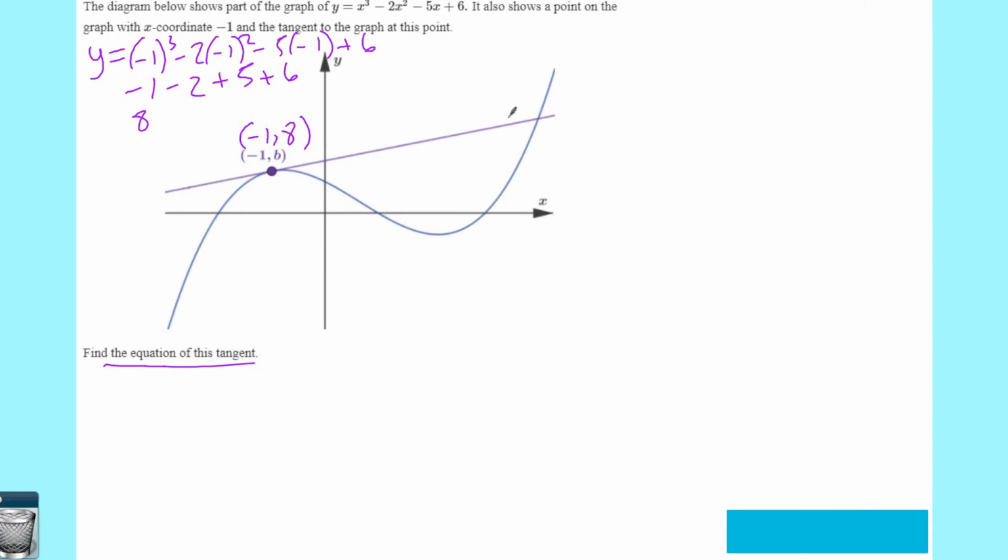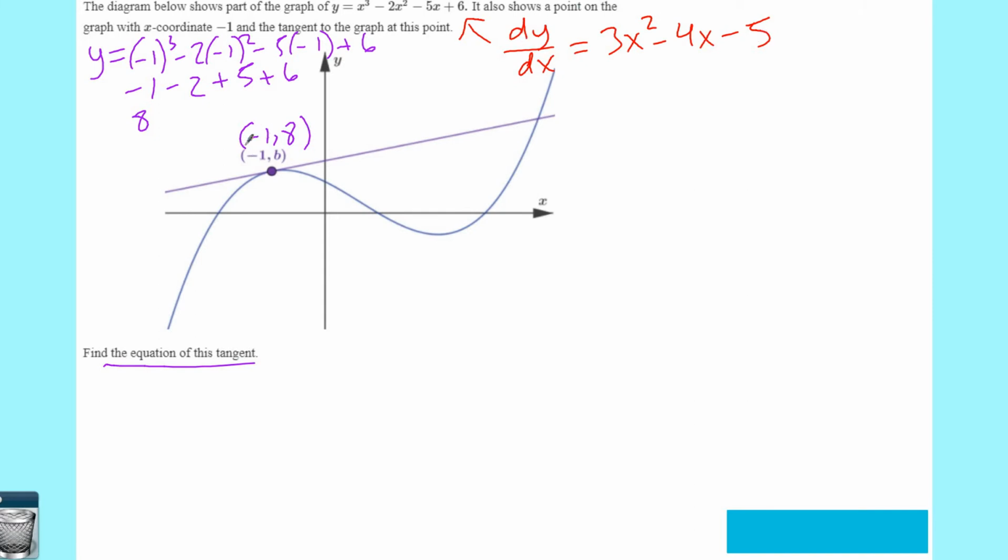So I'm close to finding my tangent line. I've got my point. Now I need my slope. Well, let's find our gradient. So find our derivative of that equation. Hopefully we remember this is just 3x squared minus 4x minus 5. Okay, using those power rules. So this is our derivative.